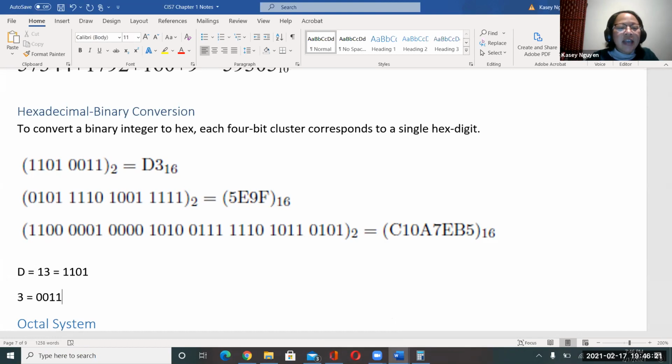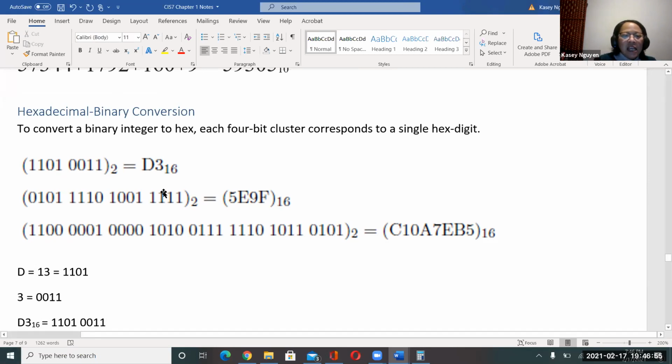Okay, so when we write D3 in hexadecimal, it is equal to 1101 (sorry, I have it on the subscript still) and then 0011. So to approach this type of problem, you first start with taking each hexadecimal digit and using 4 bits in binary to represent it.